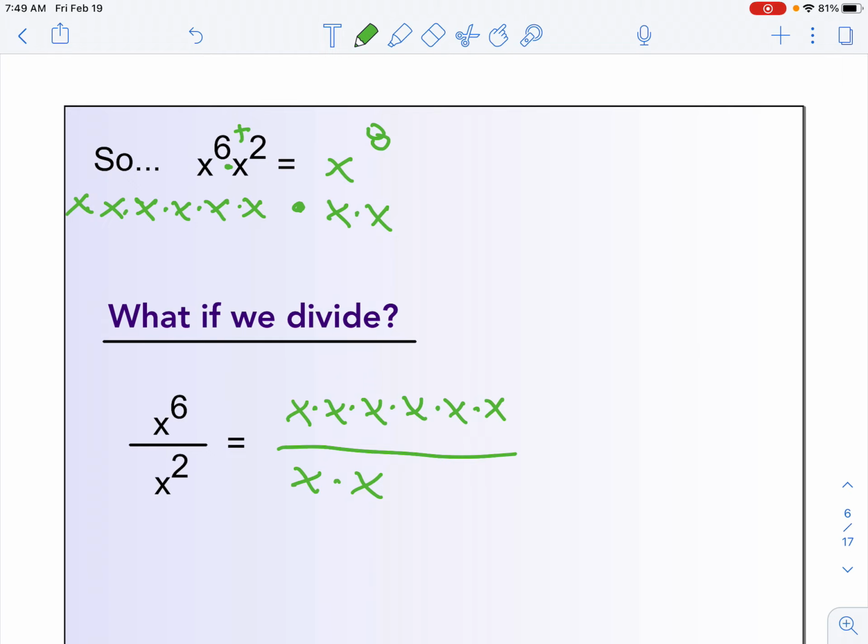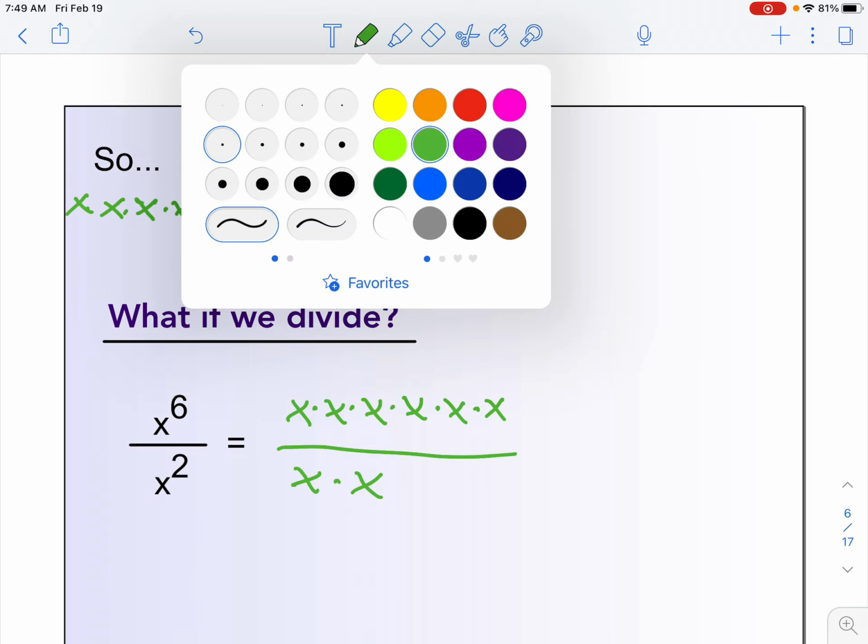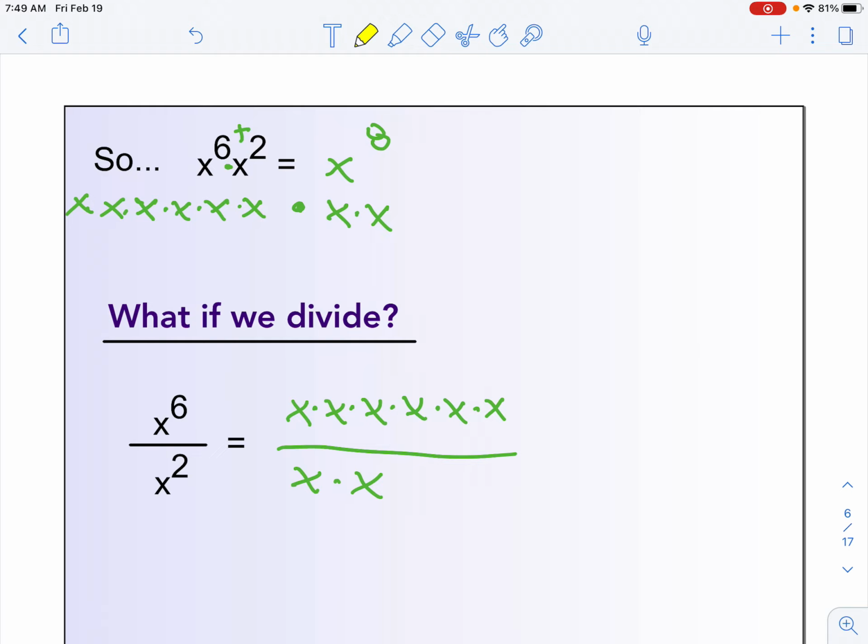And when we are looking at this and we have a common factor on the top and the bottom, we can actually reduce by that common factor. And so what we're left with in this problem is x to the 4th power over 1, or just x to the 4th.